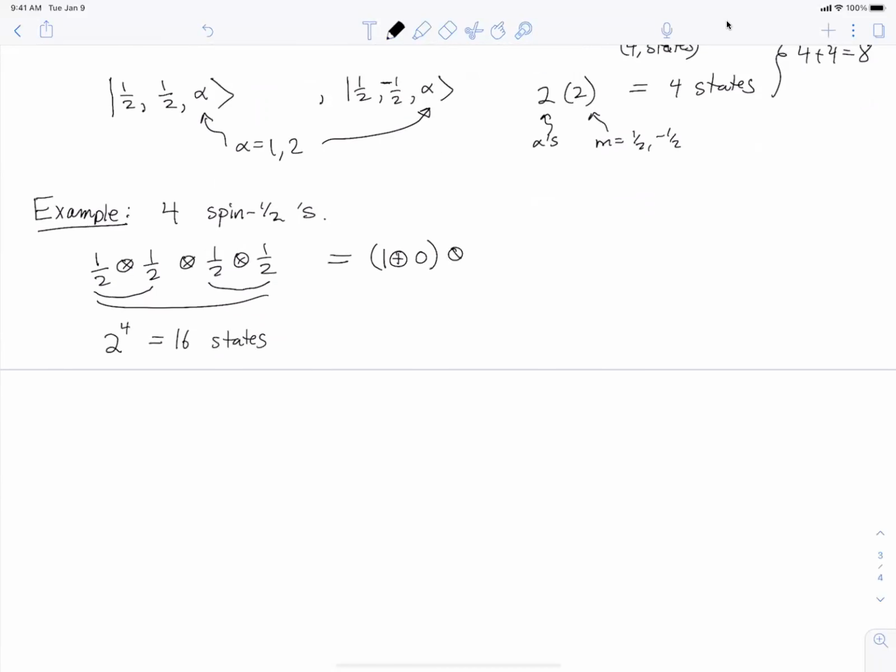And I'm tensor producting that with the 3rd and the 4th one, which also gives me angular momentum 1 and angular momentum 0. And then we distribute this. So when I do 1 tensor product 1, that gives 2 and 1 and 0.